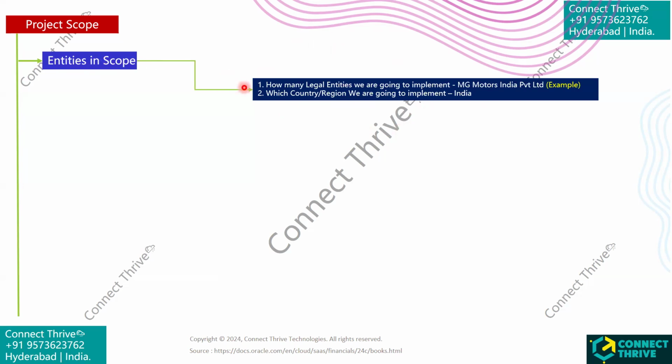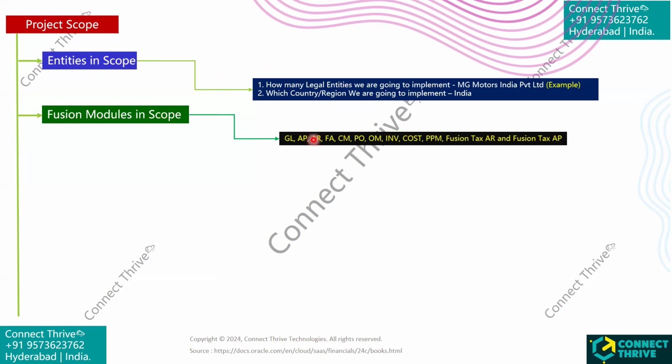Once we get the entities in scope, after that we have the Fusion models in scope. What are the models which we are going to implement? That is also decided by the project scope only.